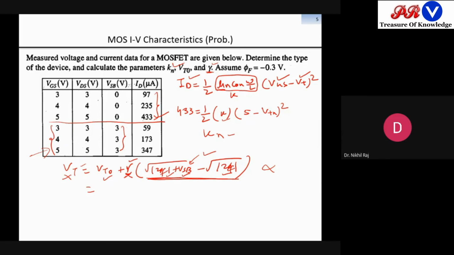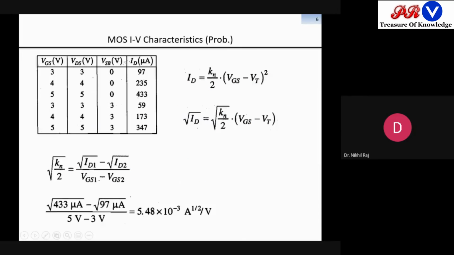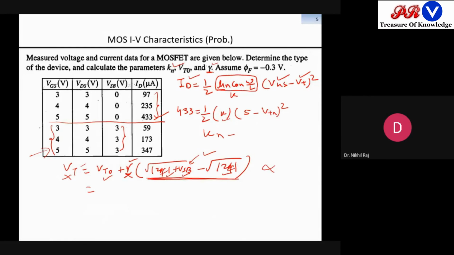So in, let's say, this was your 1, 2, 3, 4, 5, 6. So in 4, 5 or 6, my ID current will be half mu Cox W by L (VGS minus capital VT) whole square.